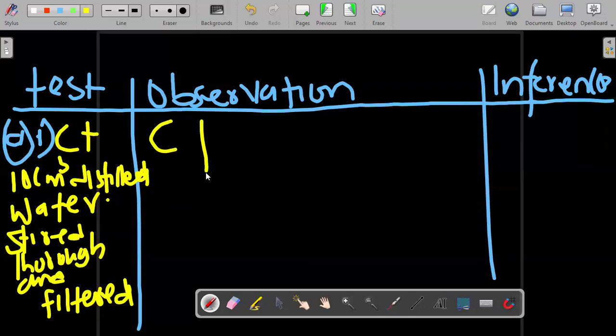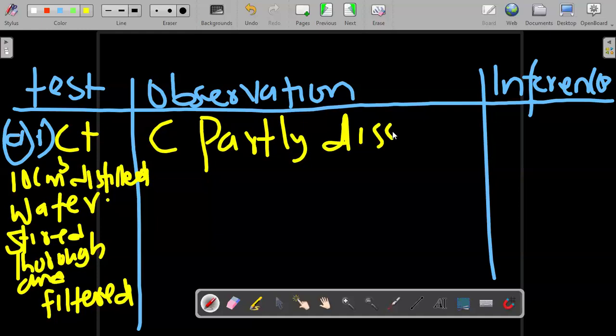So I would say C partly dissolves. When you stir it, no matter how you stir, it will not dissolve. That's the essence of the stirring; you will not stir to ensure it dissolves. So you say C partly dissolves in water.